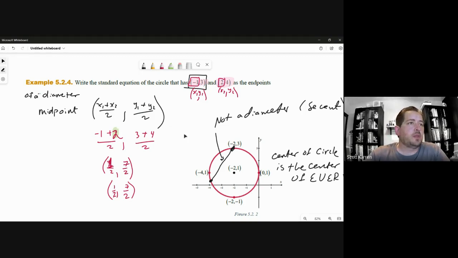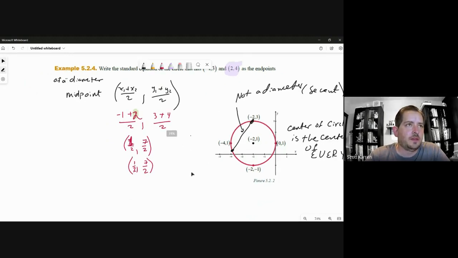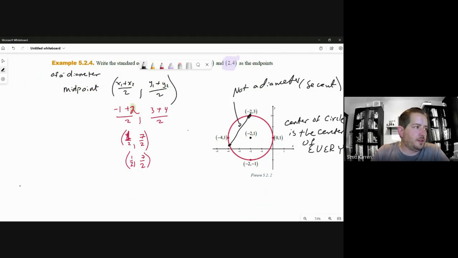But I can find the distance now, and I'm going to use probably this point here because it's nicer. For no reason, it doesn't matter which one I use, but I'm going to throw that into the distance formula. And so again, recall that distance formula. The distance between 2 points is x2 minus x1 squared plus y2 minus y1 squared, and then that whole thing square rooted.